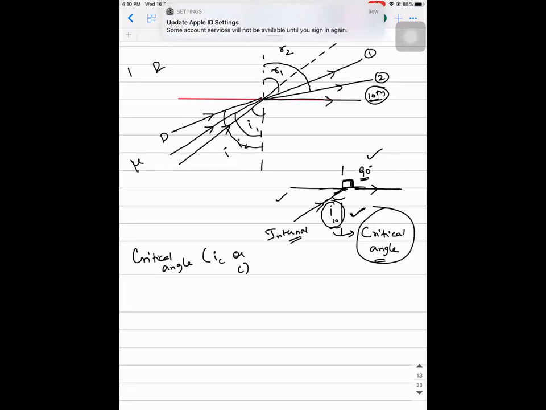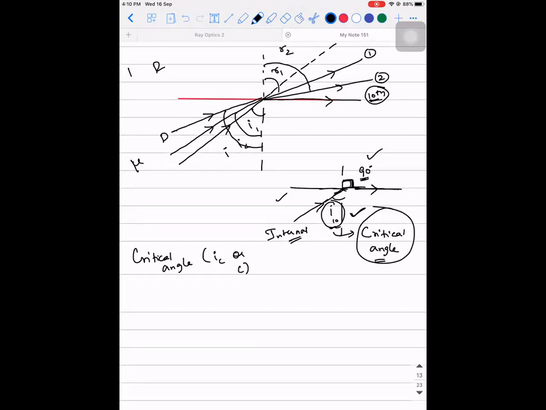Can you repeat the definition once, sir? From where? From which point? Did I say the angle of incidence in the rarer medium? What did I say? Angle of refraction in the rarer medium is 90 degrees. Did you write the angle of incidence in the denser medium?